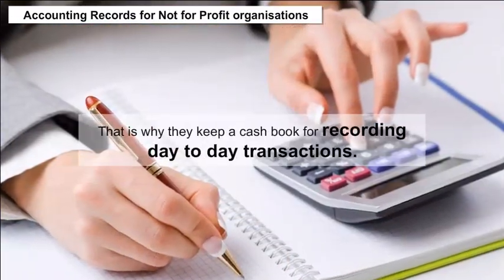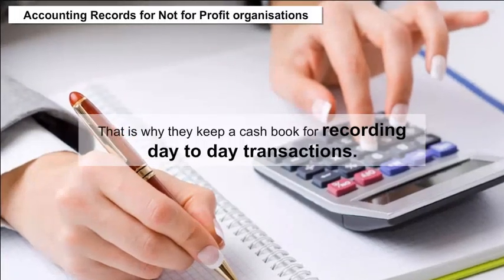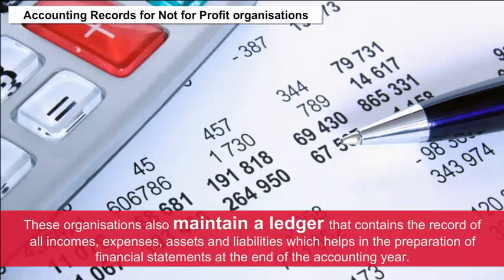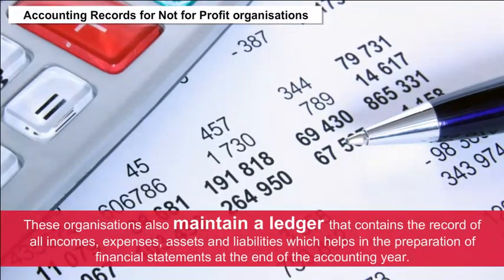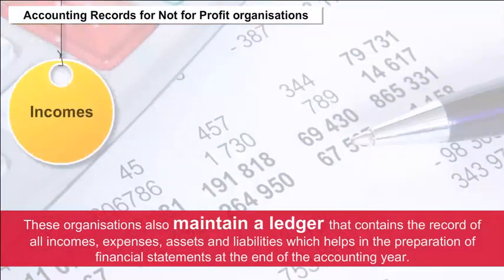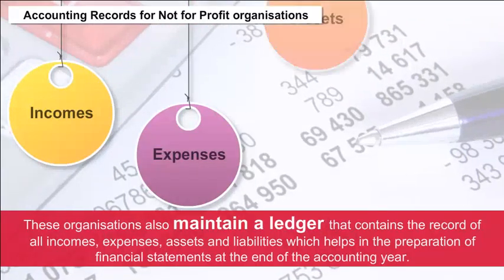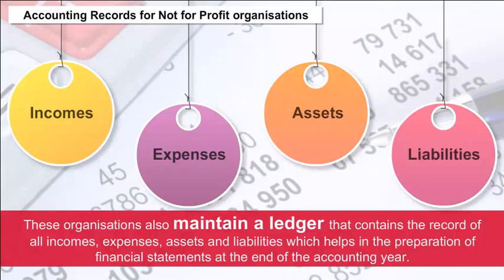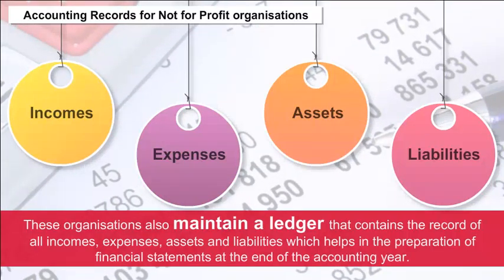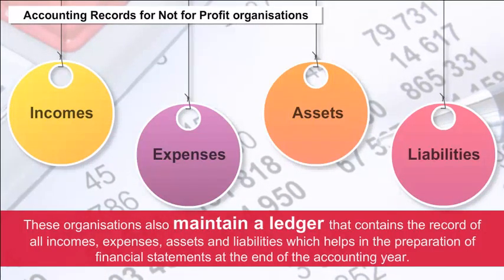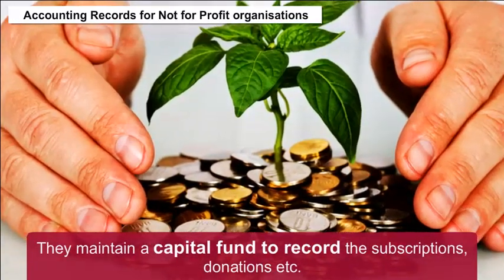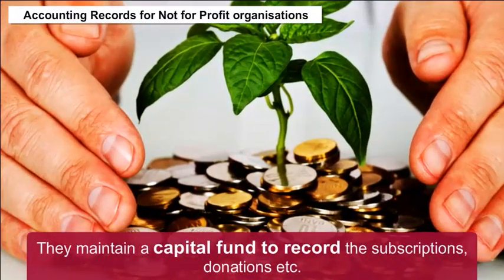That is why they keep a cash book for recording day-to-day transactions. These organizations also maintain a ledger that contains a record of all incomes, expenses, assets, and liabilities, which helps in the preparation of financial statements at the end of the accounting year. They maintain a capital fund to record the subscriptions, donations, etc.